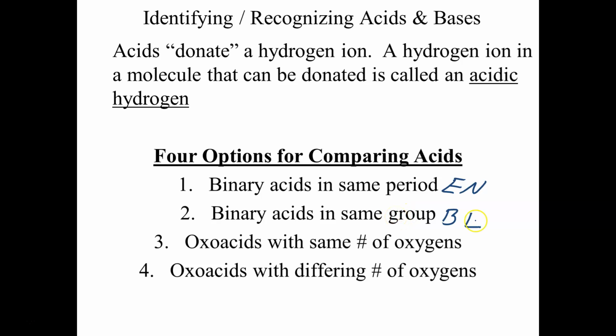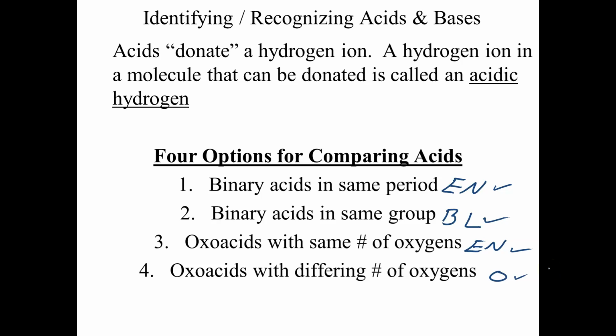Oxoacids with the same number of oxygen, you're focusing on electronegativity. And then oxoacids with a different number of oxygens, you're focusing on the number of oxygen. So you have to know what to focus on here. Same period, electronegativity. Oxoacids, same number of oxygens, electronegativity. Same group, bond length, different number of oxygens, focus on the number of oxygen.